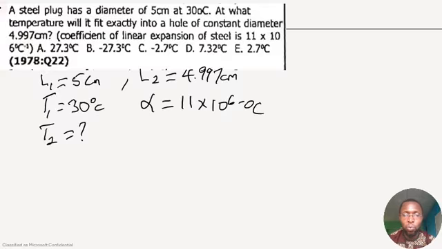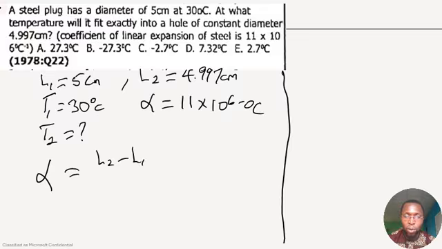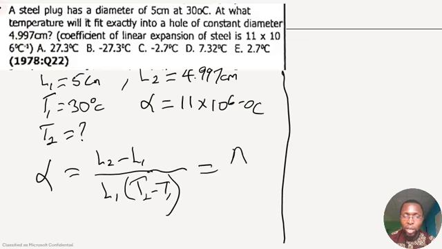So the best formula to use is, let's mark it on our screen: linear expansivity equals L2 minus L1 over L1, then into bracket T2 minus T1. Now, this formula is the same thing as writing change in L over L1 times change in temperature. This delta means change, and change means final minus initial. So now we have to write in our values.